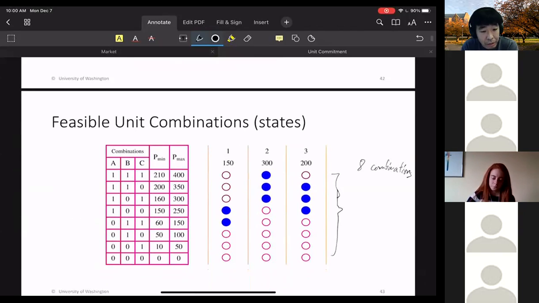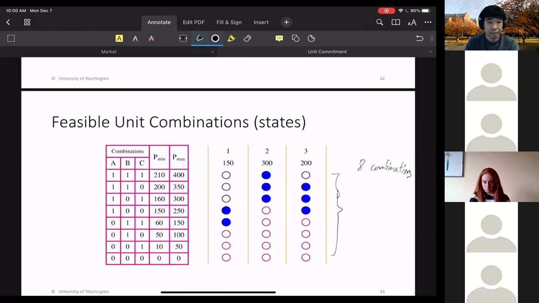Each row or each circle here is a unit status combination. And as we have seen from last class and this week's homework, not all combinations are feasible.